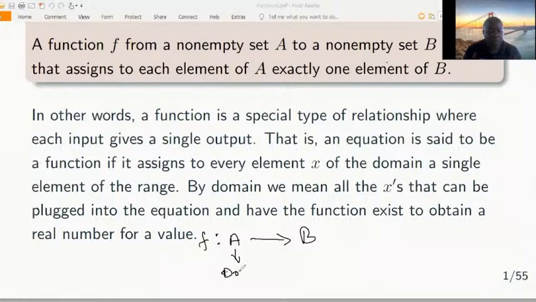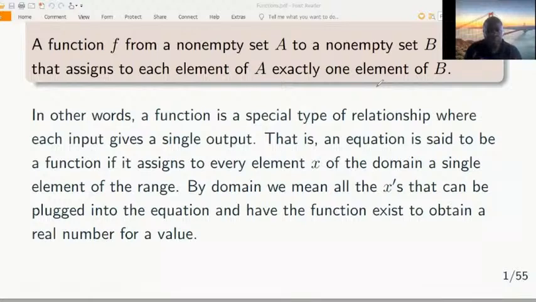The domain is the set from which we are assigning. A function is just a rule that assigns to each element of A a single element.